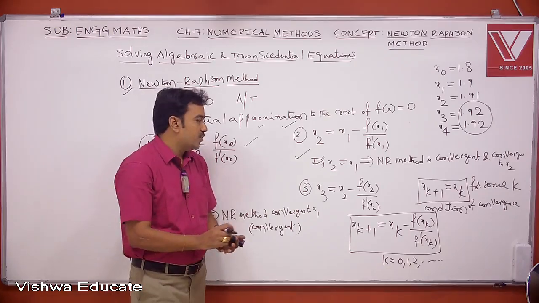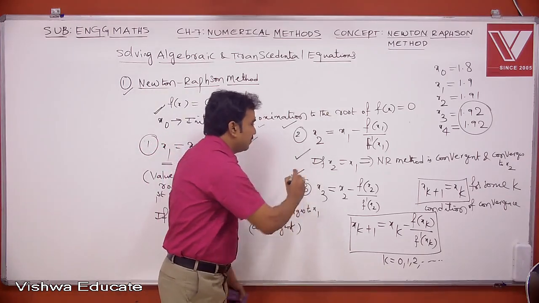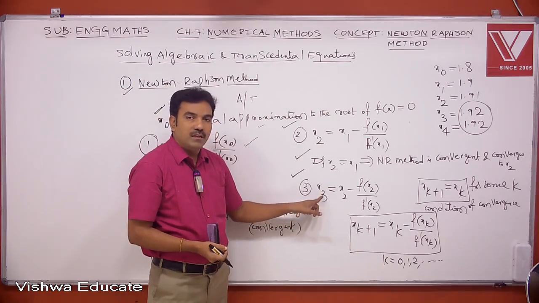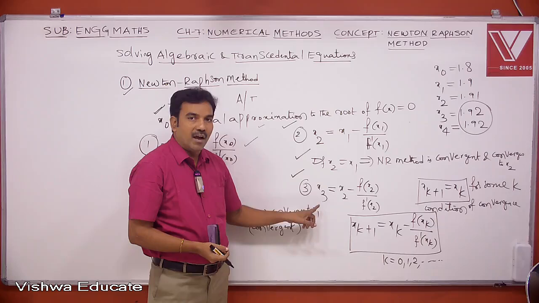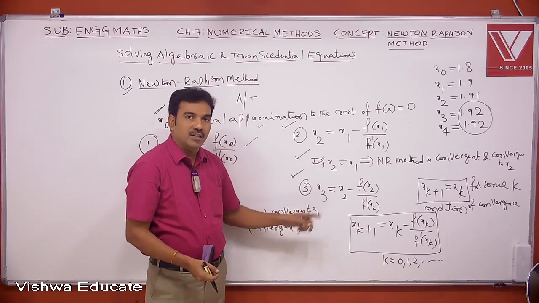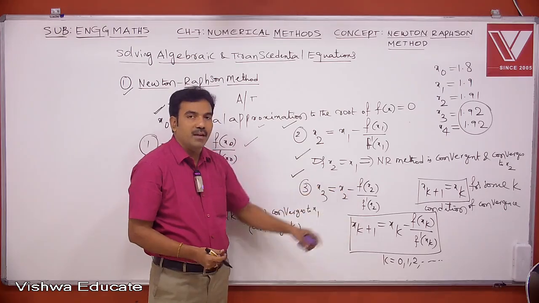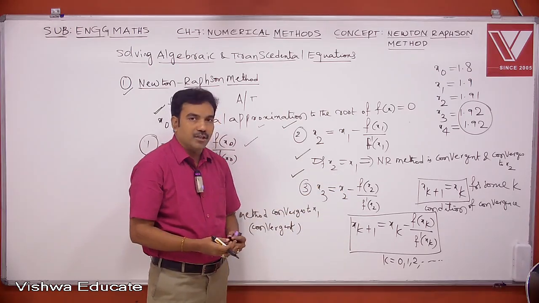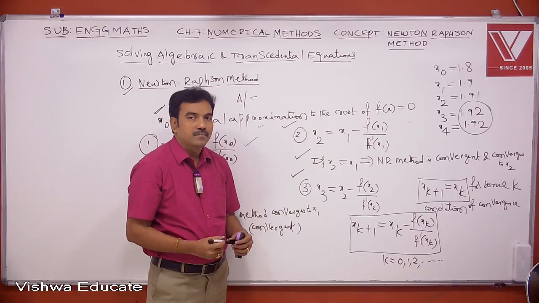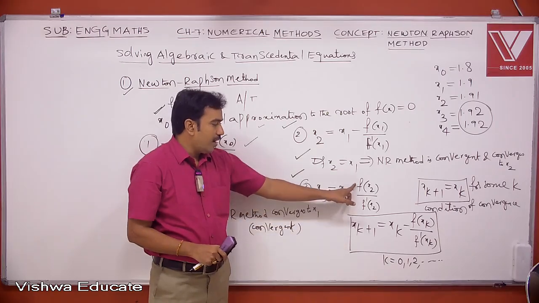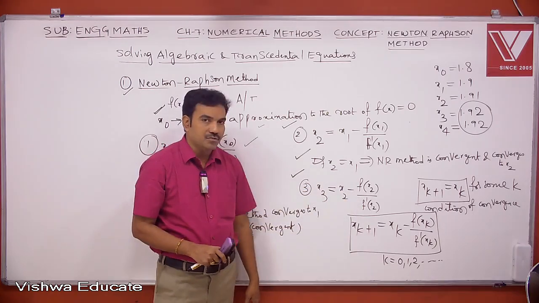Otherwise, step 3: evaluate the value of root in the third iteration using the formula x3 equal to x2 minus f of x2 by f dash of x2.